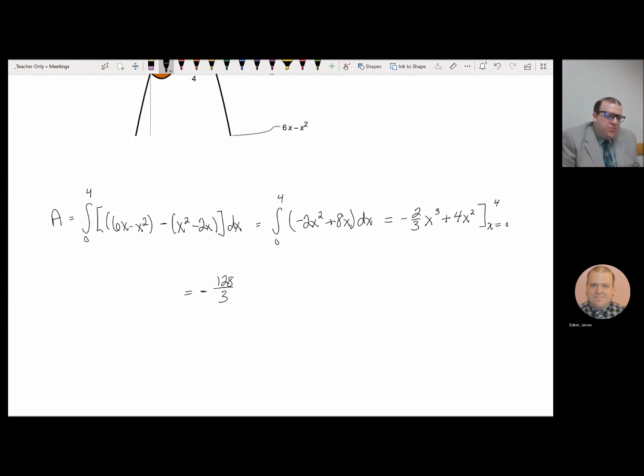Yeah, negative 128 over 3 minus 0, plus 4 times 4 squared minus 0. 64 times 3 is 192, minus 128 is 64. Our area is 64 thirds.